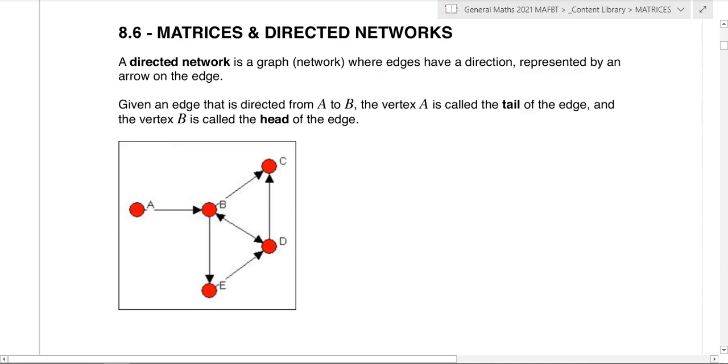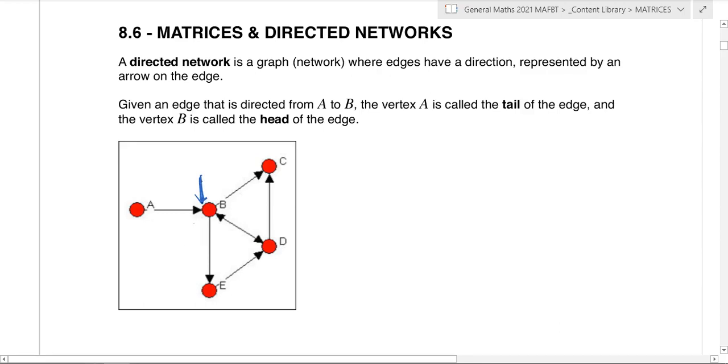From this sentence, given that an edge is directed from A to B, so if you have an edge that's going from A to B, see how it's only one direction, the vertex A is called the tail of the edge, and the vertex B is called the head of the edge. So just some terms you need to know. A is the tail end of this edge, and over here is the head of this edge, and B is the head.